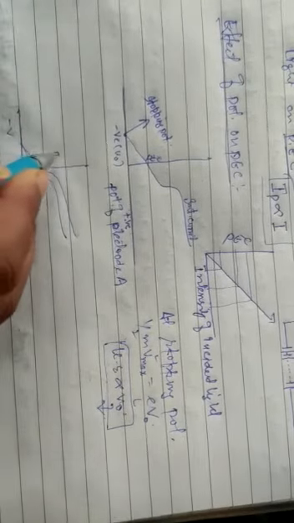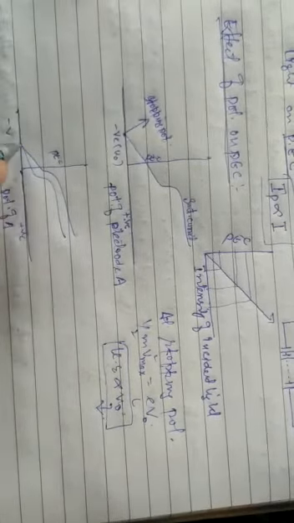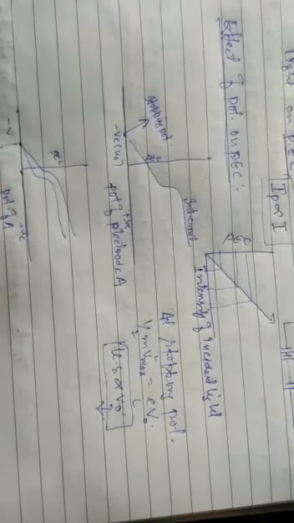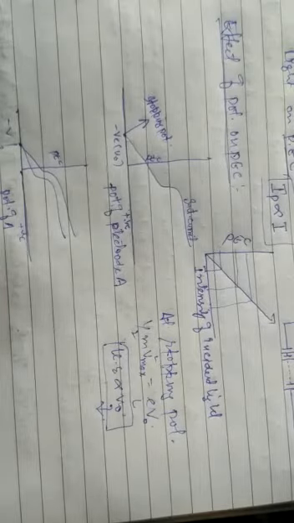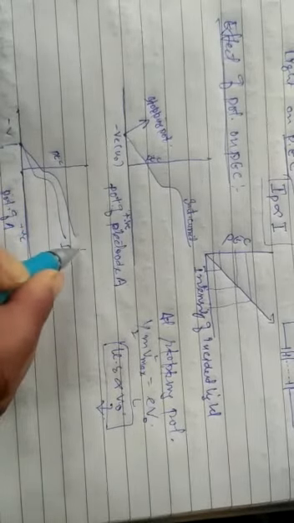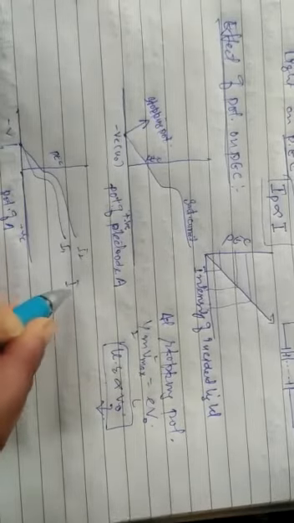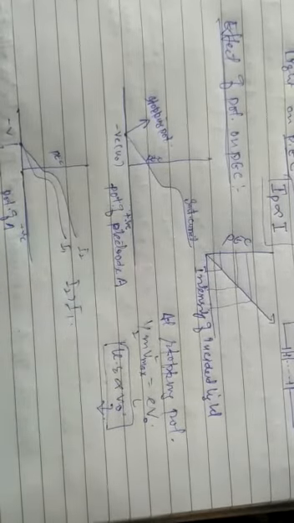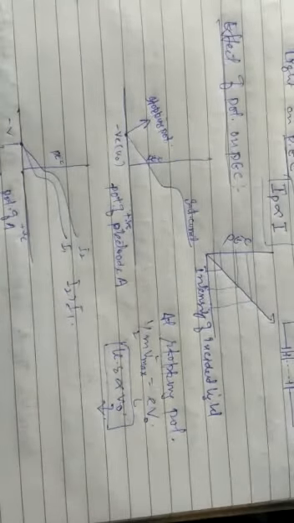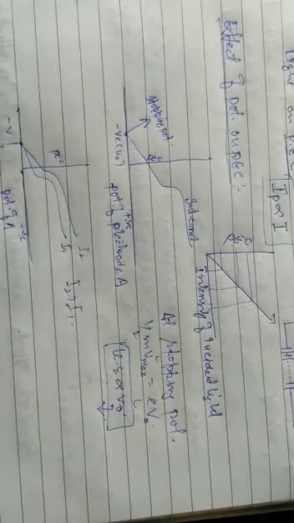So this is photoelectric current, but their stopping potential will be the same. It is intensity I1, it is intensity I2, such that I2 is greater than I1. So by increasing the intensity and keeping the frequency same, what we will get? The stopping potential will not change. The stopping potential will remain the same.